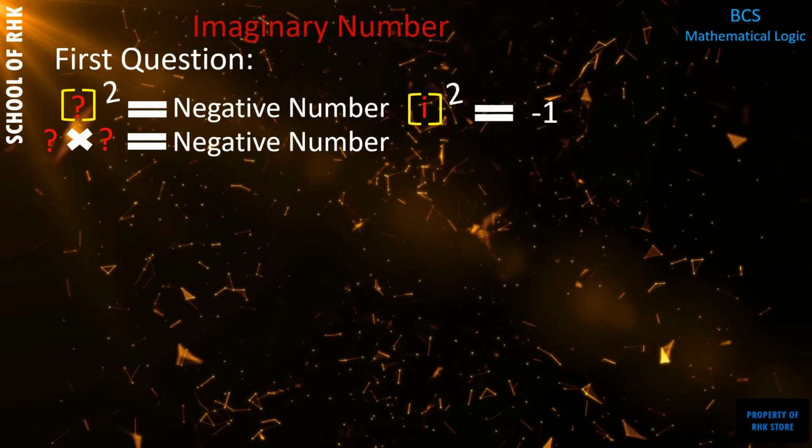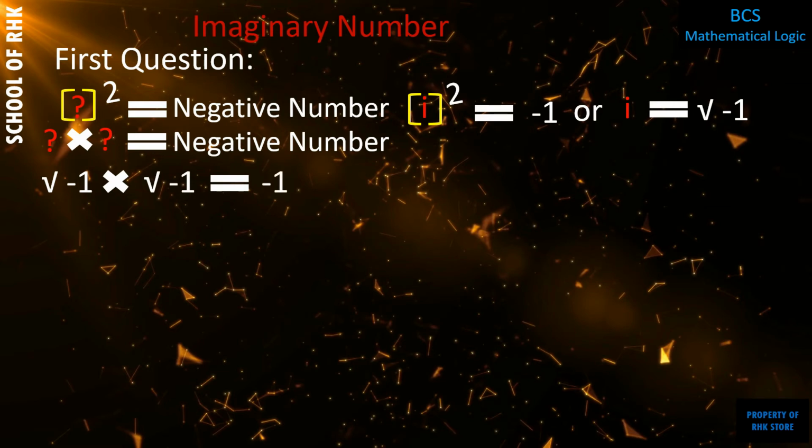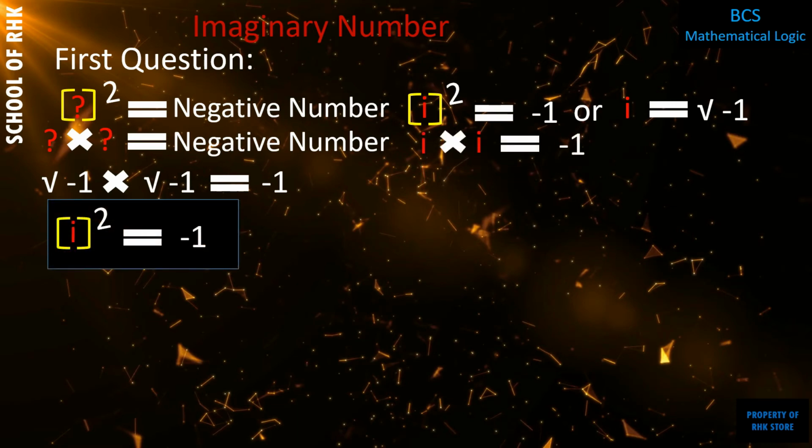Provided that the square of i is equal to negative 1, or the value of i is equal to the square root of negative 1. In other words, if we multiply the square root of negative 1 by the square root of negative 1, we get negative 1. So we get a negative number by squaring a number.